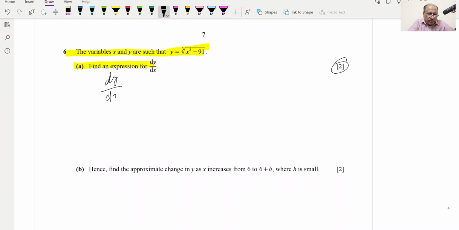So dy over dx, we can rewrite it as (x cubed minus 91) raised to the power 1 by 3, and now the derivative will be 1 by 3 into (x cubed minus 91) raised to the power 1 by 3 minus 1, multiplied by the derivative of the inside, which will be 3x squared.